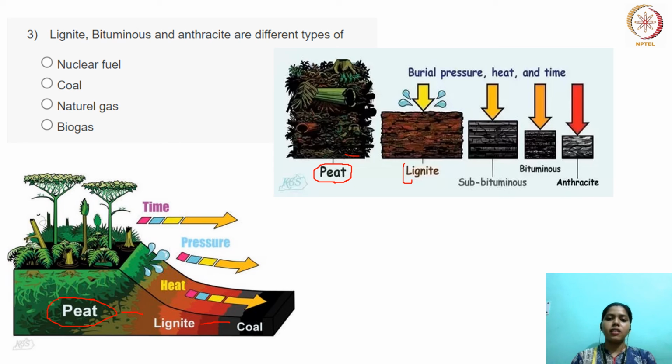You can see here the terms lignite, bituminous and anthracite are the stages before converting it into complete coal. So these are basically different types of coal. Our option number two, that is coal, is the right answer for this question.